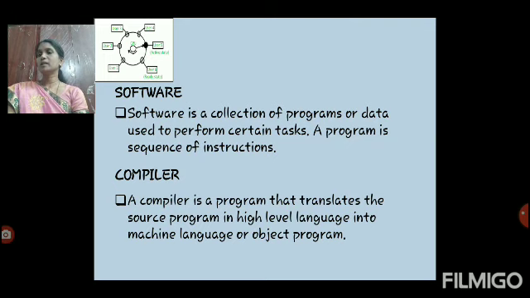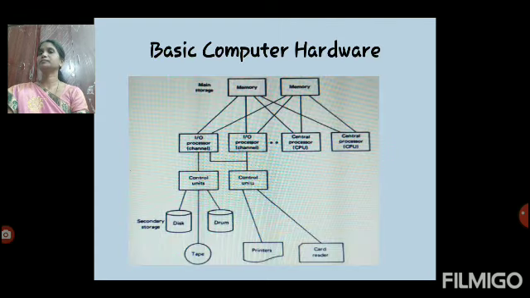Then we see compiler. A compiler is a program that translates the source program in high level language into the machine language or the object code. The object code is the compiled code, we know. The compiler is a system program, or a utility, we can say, that transforms the high level language program into the machine code.